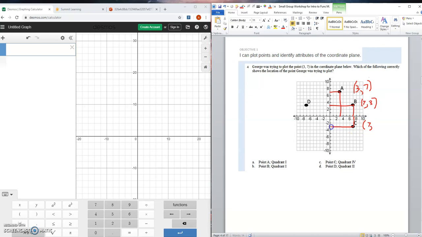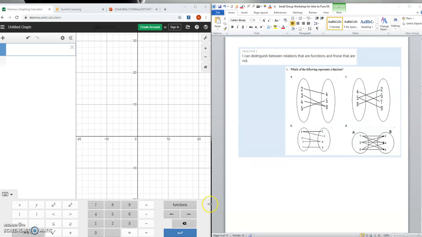For the y, it's at the bottom, so it is -3. For D, connect it to the x, and that is a -7, and then connect to the y, and it is a 3. So there you go, all the coordinates of all the points have been generated, and our answer on this one is A, and A is in quadrant number 1.